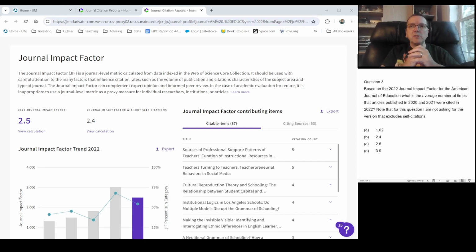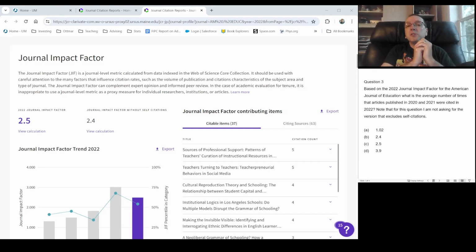The way it works is that it looks backwards in time. Let me explain this. Let's say we're using 2022. It doesn't look at articles published in 2022.